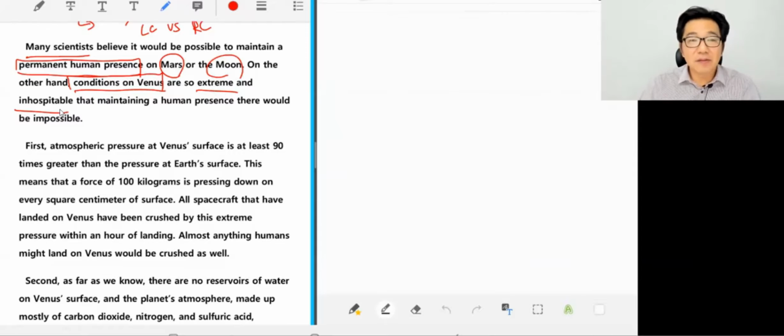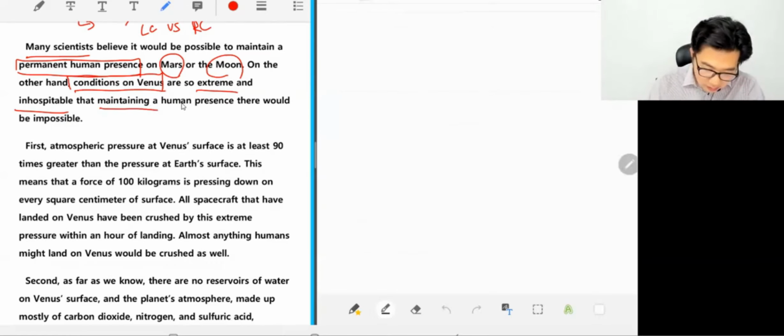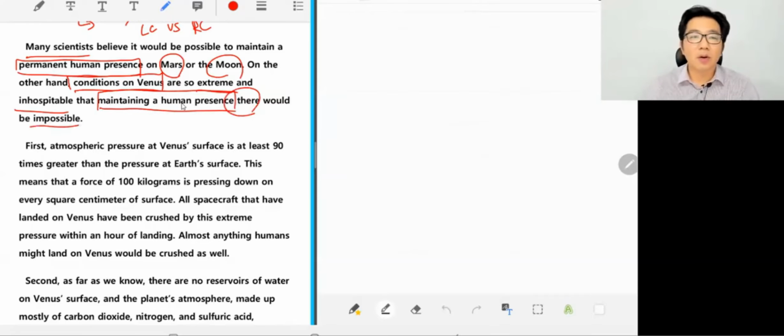Maintaining a human presence on Venus would be impossible. So we'll probably get 3 reasons why maintaining human presence on Venus is impossible. We'll probably get 3 conditions in our body paragraph.